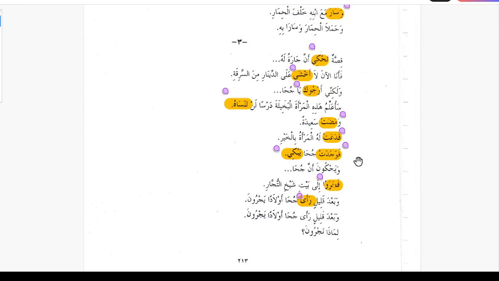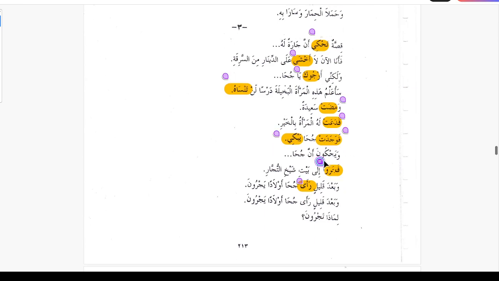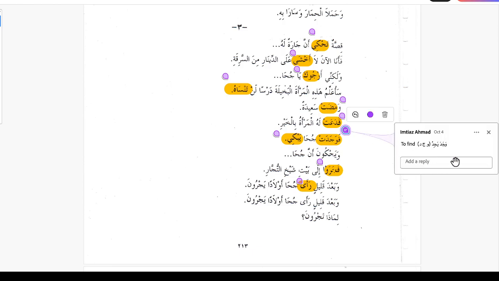Fawajadat juha yabki. So she found juha crying, baka yabki. Here wajadat is the verb wajada yajidu, huwa wajada, hiya wajadat. Here the doer is the woman, so that is why the feminine version is used, wajadat, to find.